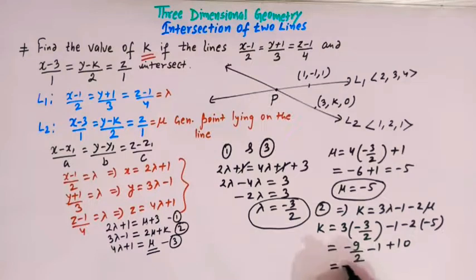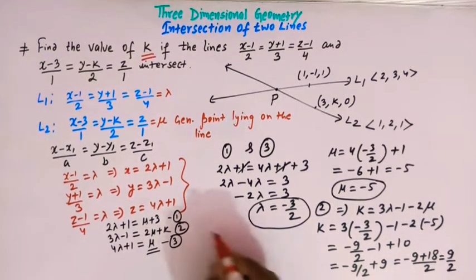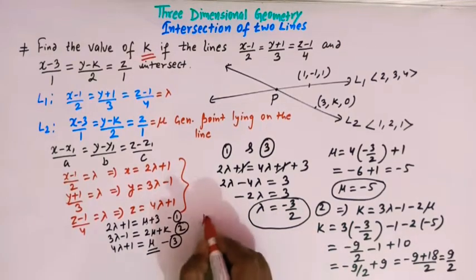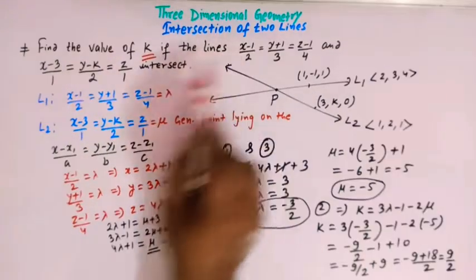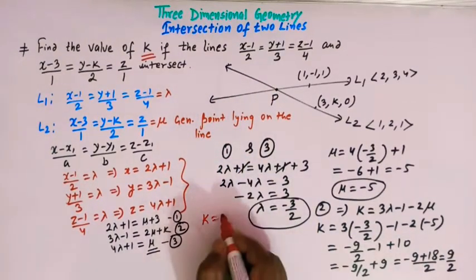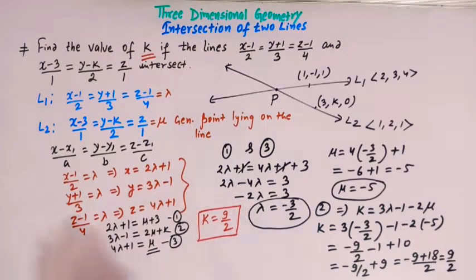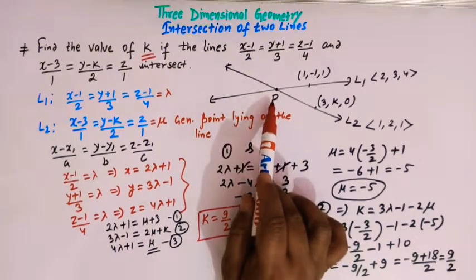This is minus 9 over 2, and 10 minus 1 is plus 9, so this is minus 9 plus 18 over 2, that is 9 over 2. So viewers, the value of k for which these two lines L1 and L2 intersect is given by 9 over 2.